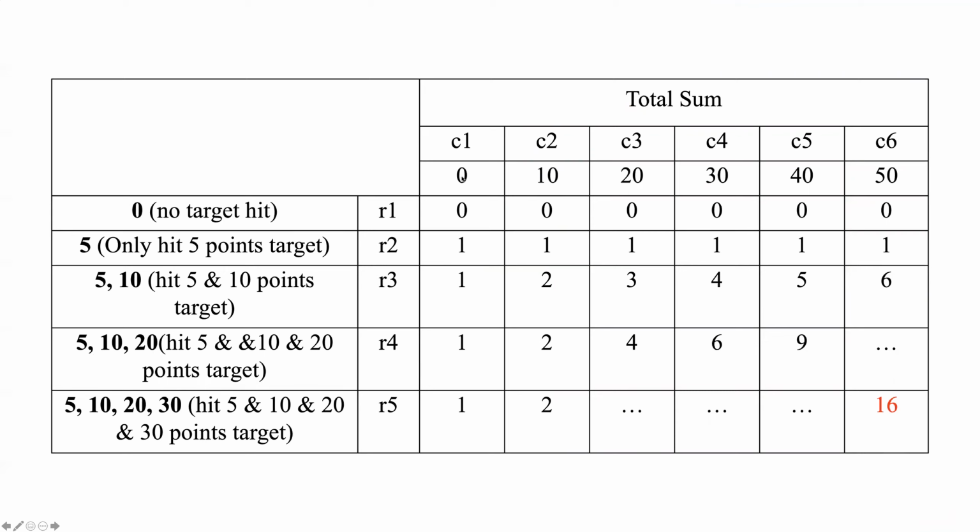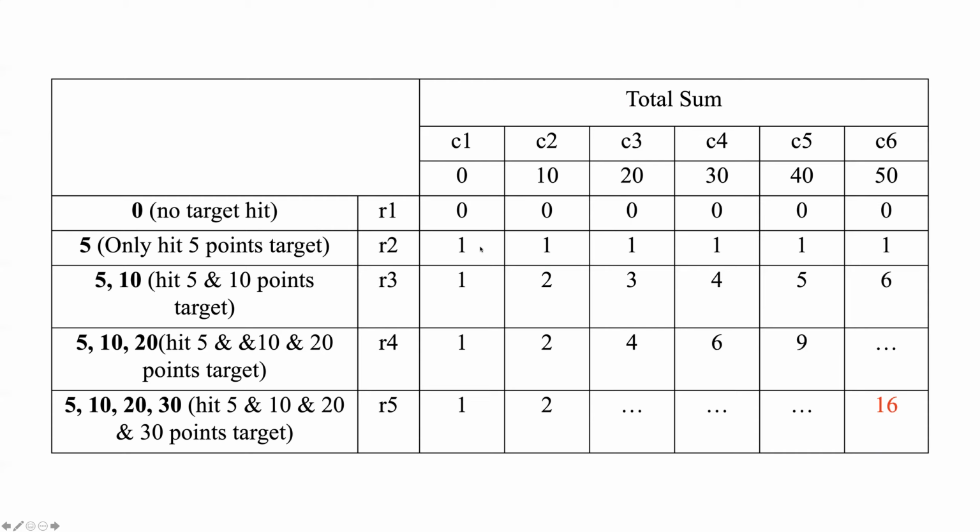We can begin from column 1. You can see here that the index is 0, which means 0 points are the goal that you need to achieve. And checking the second column, the index is 10, which means 10 points are the goal that you need to achieve, and so on. And let's check the rows. In row 1, the index is 0, which means no target hits.